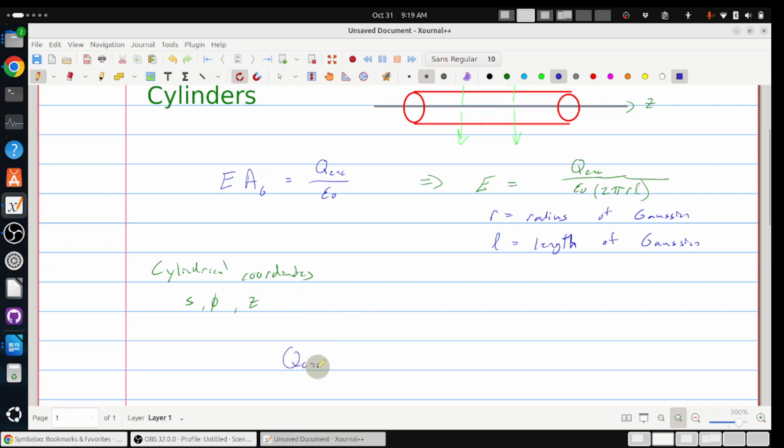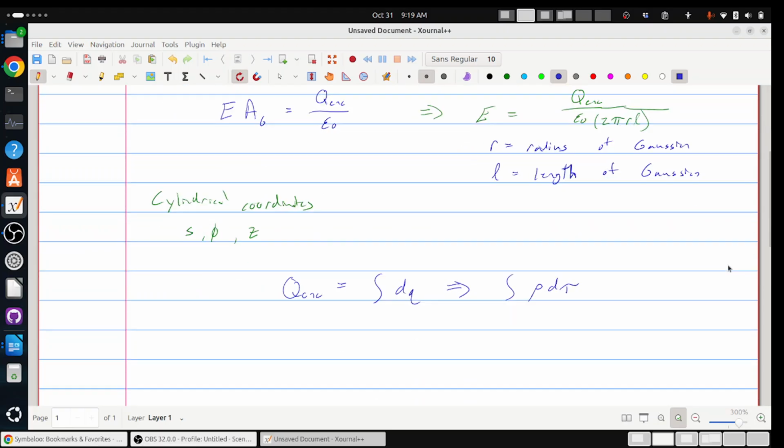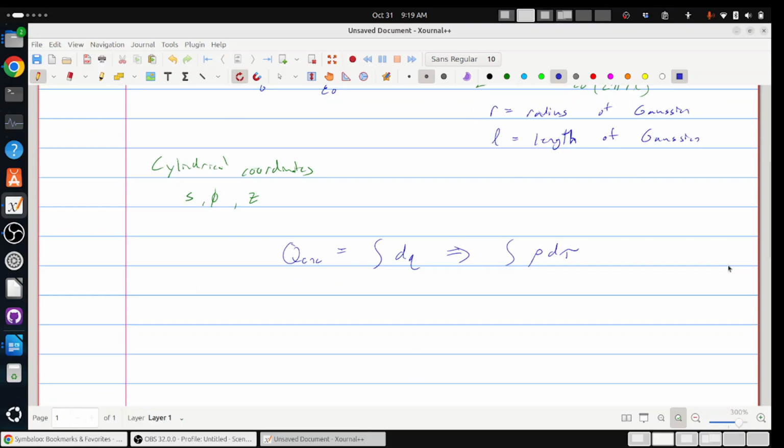It is going to be the integral of dq, which is going to go to some sort of rho d tau if it's a solid cylinder. And in our cylindrical coordinates, the d tau becomes ds, s d phi, and then dz.